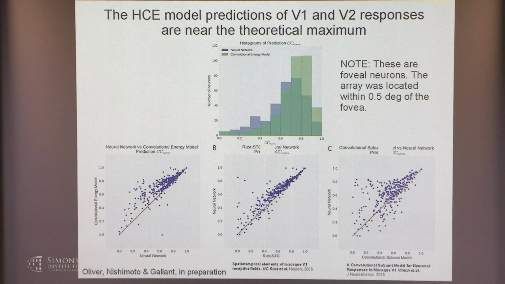If you take, say, a Caffe network that was trained on natural images and use the local units of that network as parameters to fit to your neural model, you end up with this blue distribution. That network actually works pretty well. But if you use Mike's hierarchical convolutional energy model, that's what he's calling it, you end up with this green distribution. And this green distribution, although the mode here is about 0.8, has very, very few cells that get up to, say, 0.95.